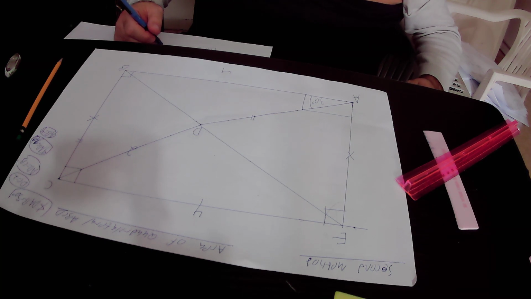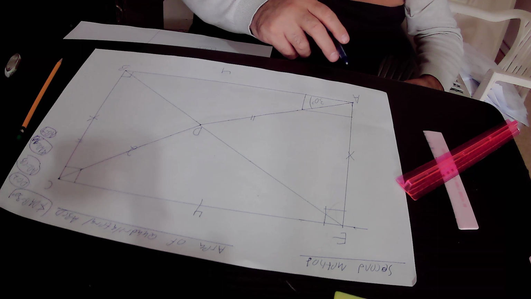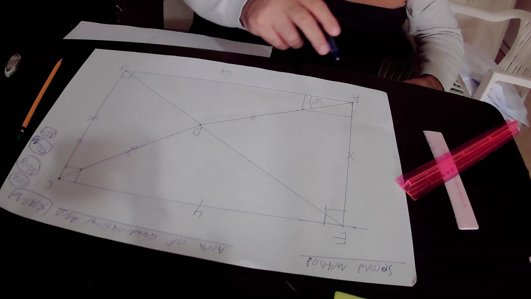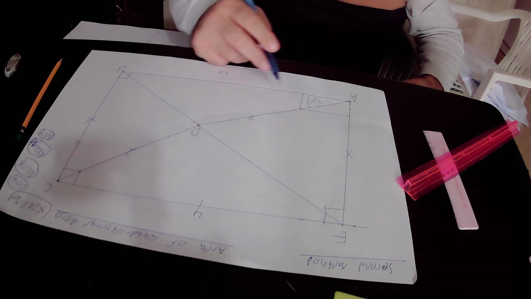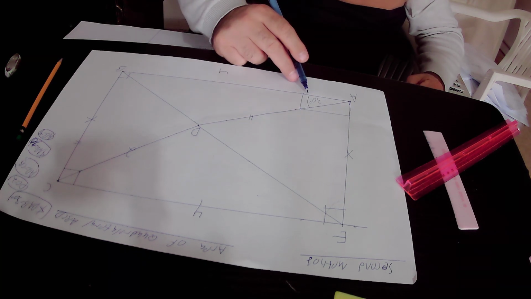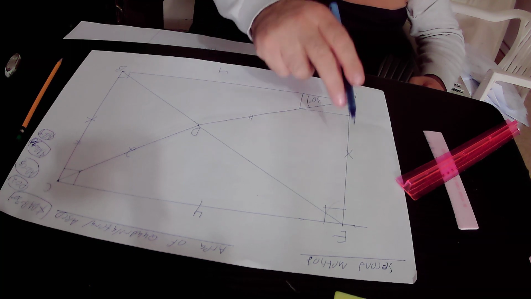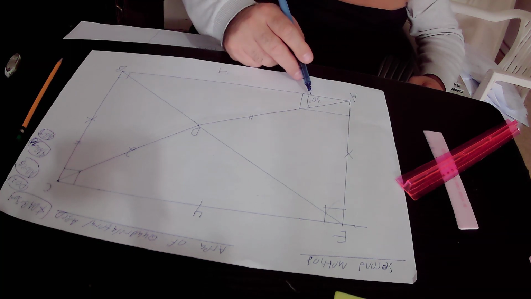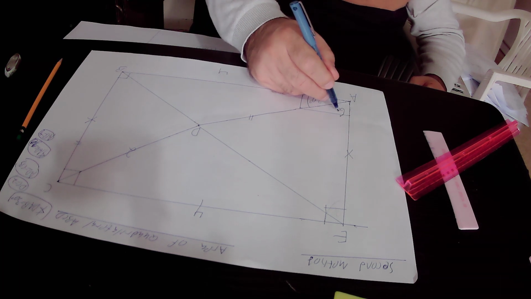And here we know that angle BAE equals 90 degrees and angle BAD equals 30 degrees according to what is given in the question. Therefore, the value of angle EAD will be equal to 90 degrees minus 30 degrees, that is to say it equals 60 degrees.